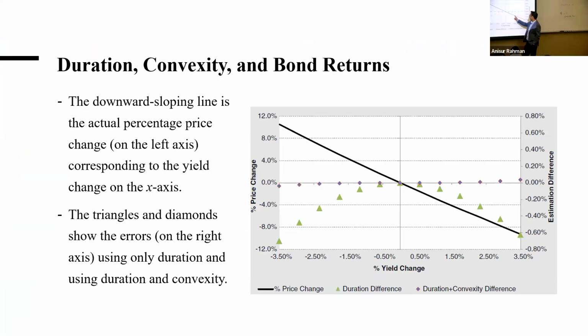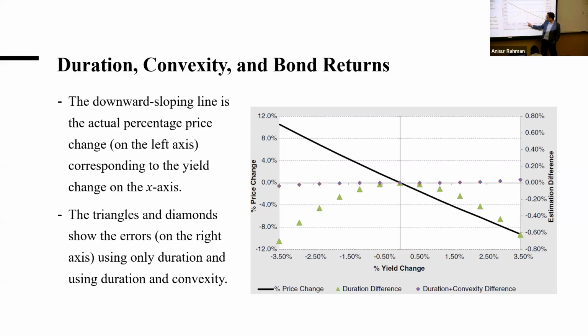Now, actual price change is on the left axis, right? Duration and convexity on the right axis. Now, what you see here is yield changes, right? At this point, no changes. That's why everything is at the origin, right?